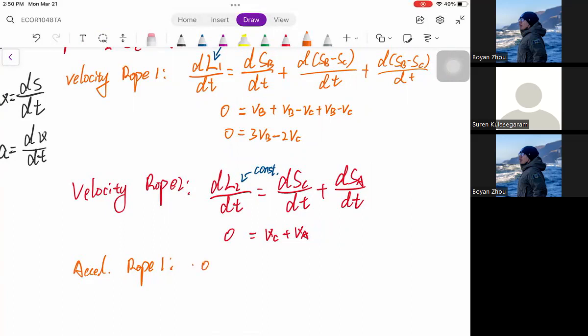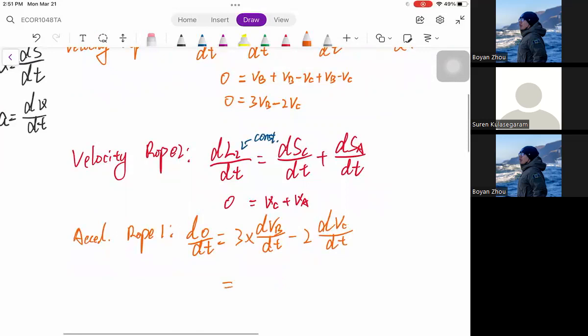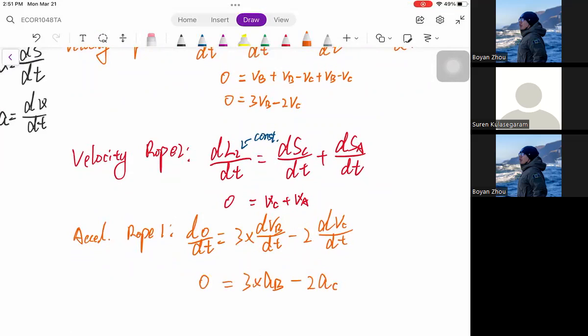So we're finding the derivative of 0 on the left-hand side, and the right-hand side is 3 times the derivative of VB over time minus 2 times the derivative of VC over time. So the derivative of 0 is 0. And the derivative of velocity at point B is the acceleration at point B. And the derivative of velocity at point C is the acceleration at point C. So actually we're getting the same thing as before.